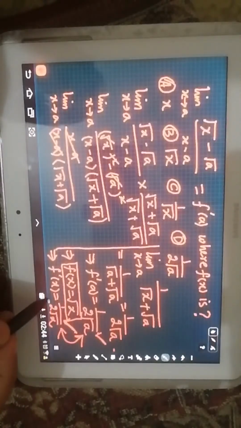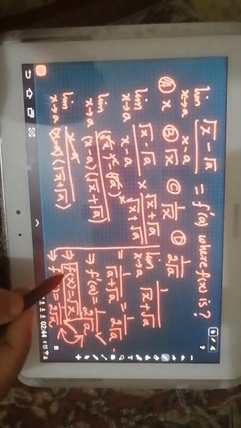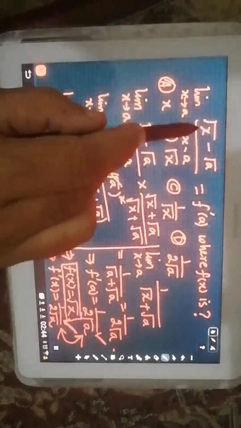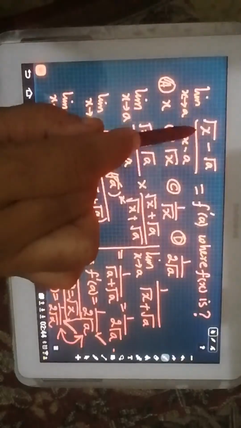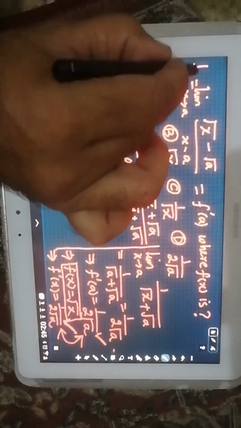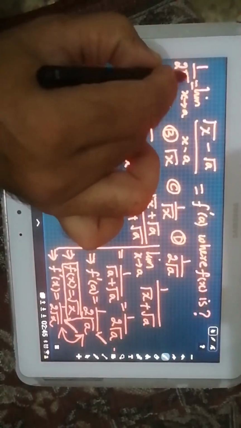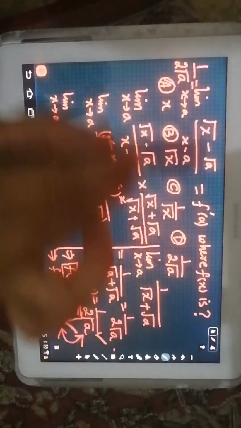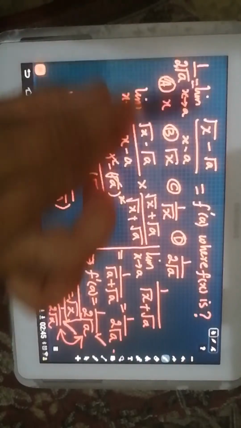The final line, which is the derivative, is actually the derivative of this function f of x equal to square root x. So when f prime of a is equal to 1 by 2 square root a, which we have evaluated, then what is f of x?